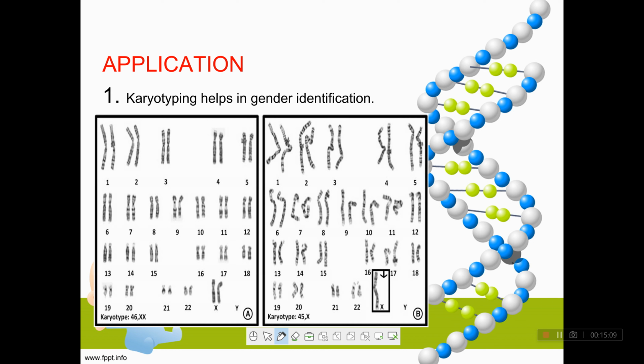If an X chromosome and a Y chromosome are present, then this is male, and if both X chromosomes are present, then it is female, right? So karyotyping helps in gender identification, right?